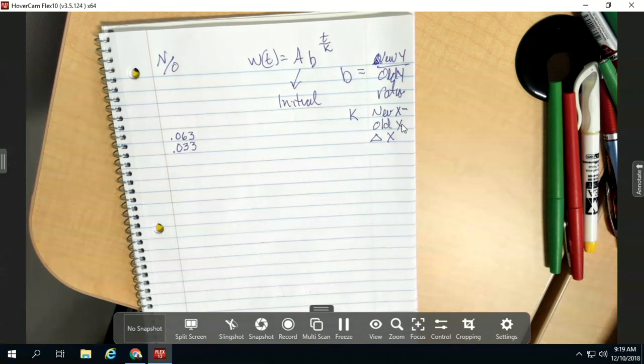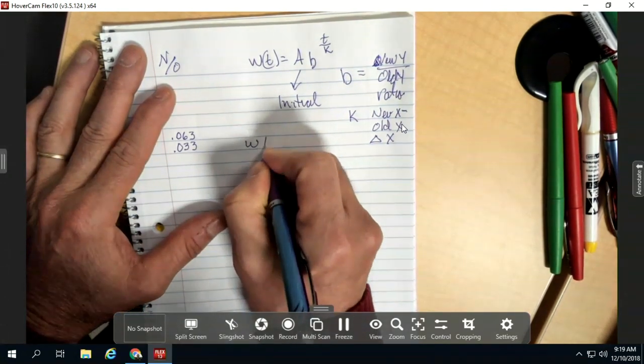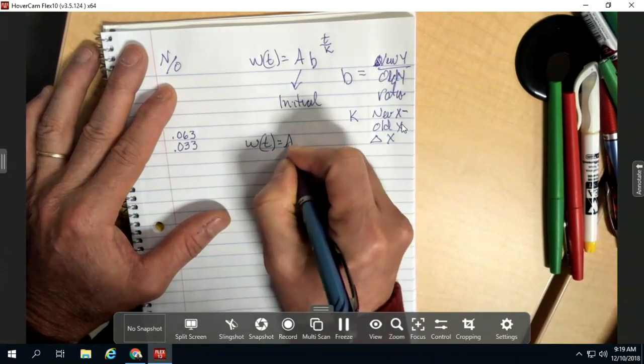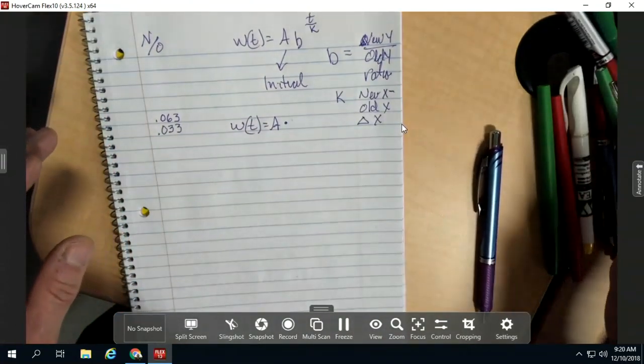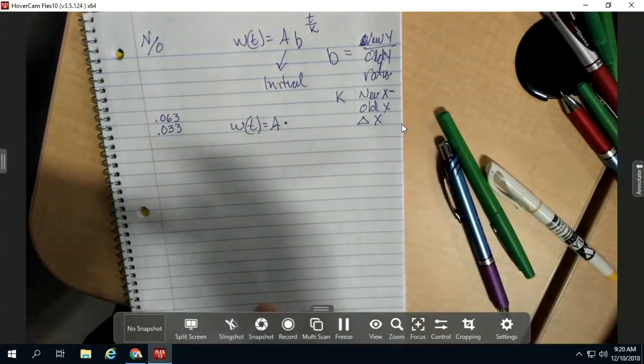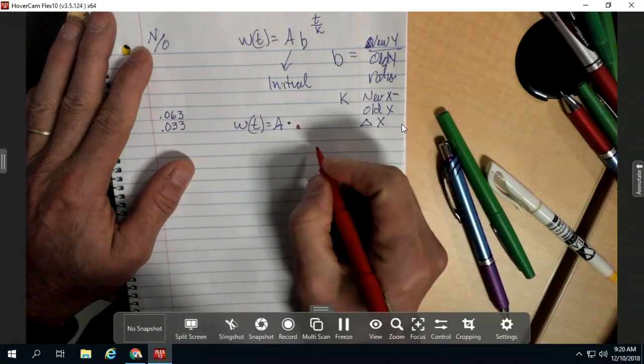So give me the formula that you have so far. Weight as a function of time is A times, what'd you get for your ratio?